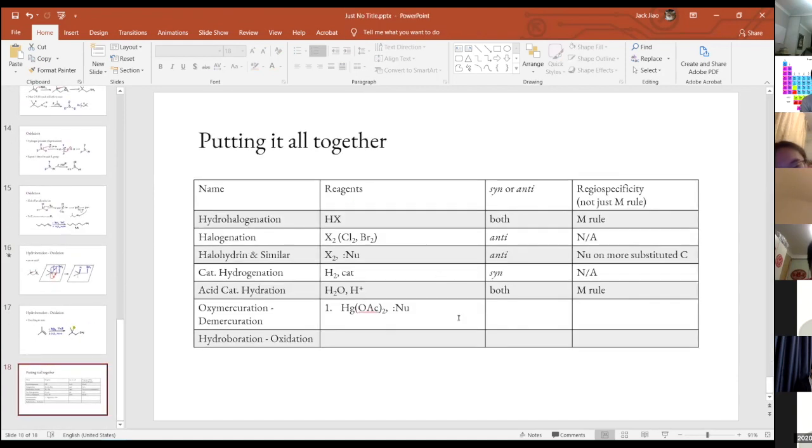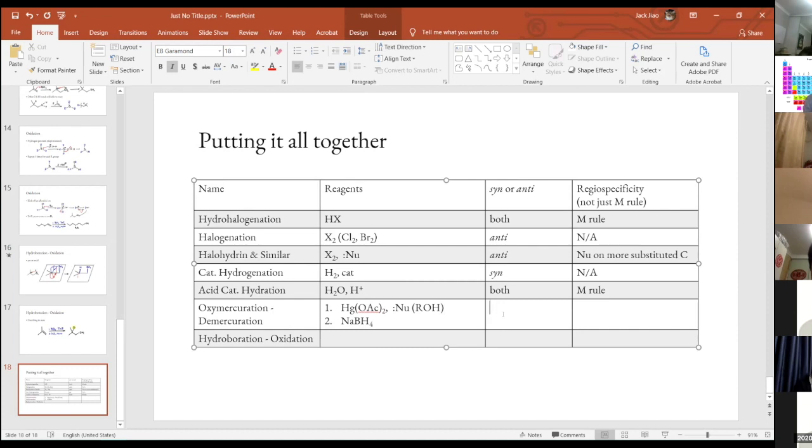Okay, so I'll just write nucleophile. And it's commonly just water because the mercury acetate is dissolved in water, right? Yeah, just write ROH. The second step is sodium borohydride, a strong reducing agent to remove the mercury and replace the mercury with hydrogen.